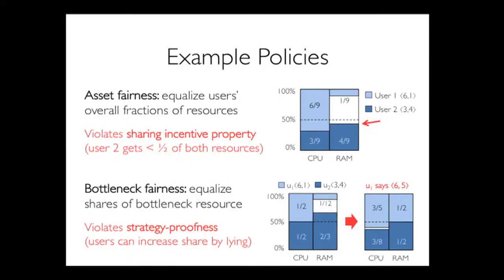One problem with this one is that users can actually cheat the system by lying about their demands. In this case, for example, user 2 can say, I don't actually need memory for my tasks, I only need 1 gigabyte of memory. But if I tell the system I need 5, the bottleneck is going to shift to memory, and then I'll actually also get more of the CPU.